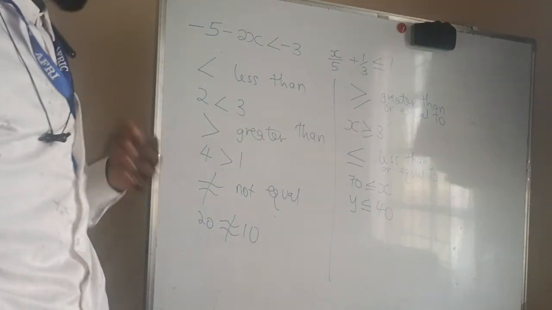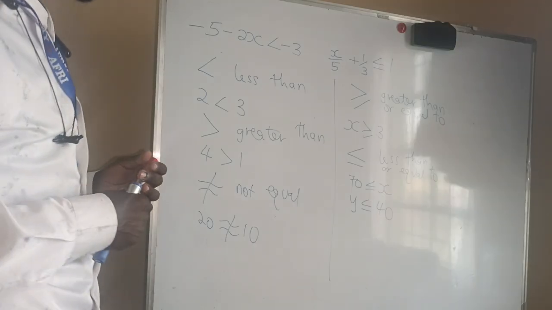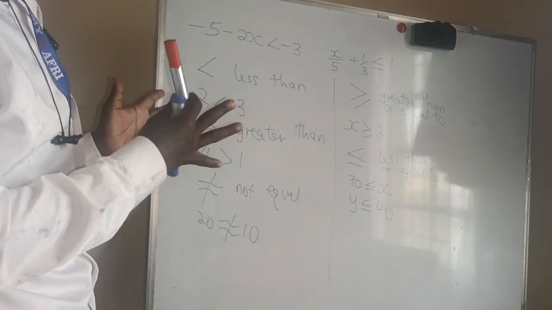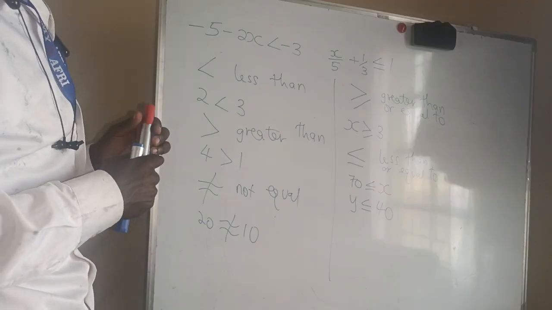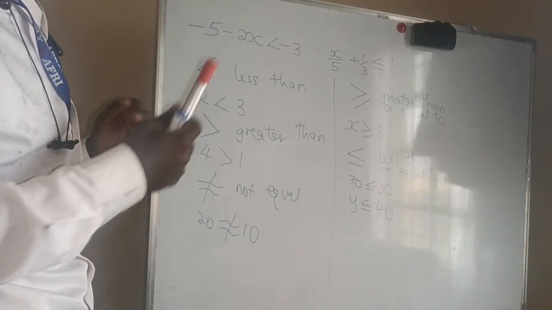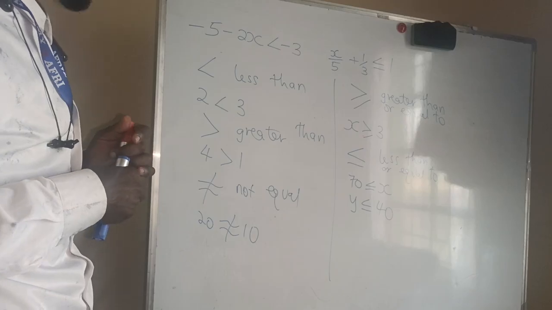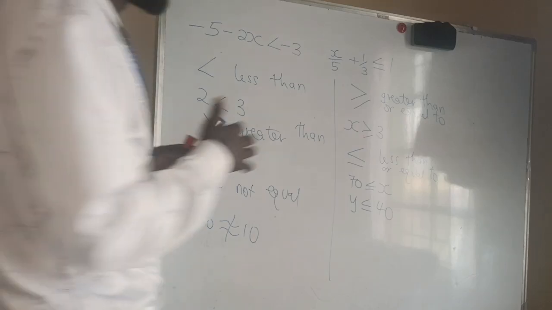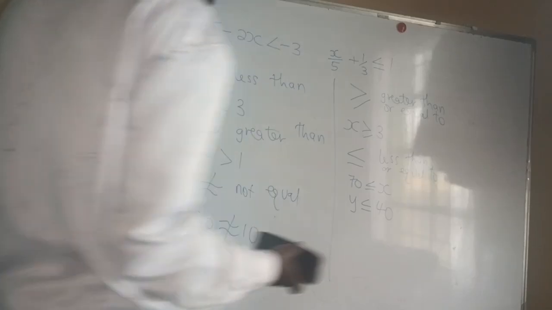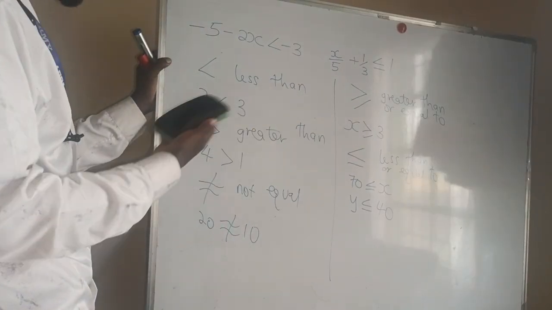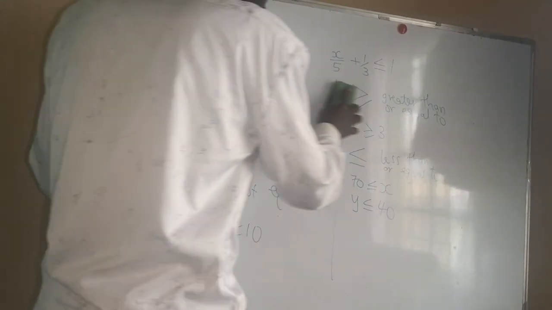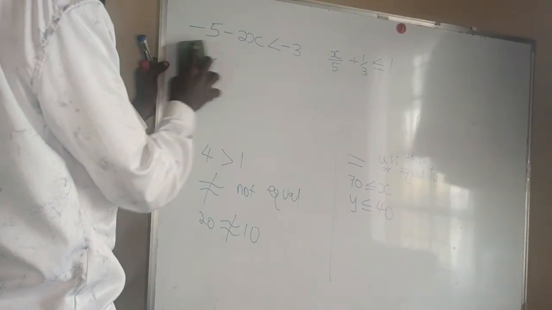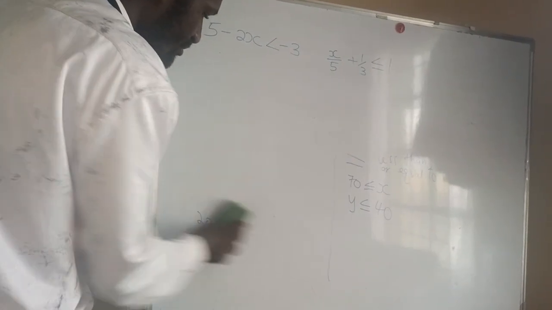So I wanted you to get a picture of all this, so that when you begin doing this question, you have a clear understanding of what you're supposed to do to get the answer. Now you have an idea of what these inequalities stand for in a language that anyone in mathematics can understand.